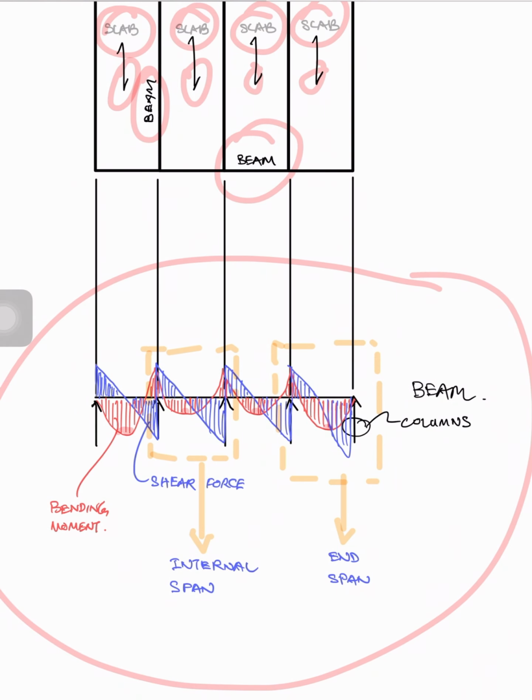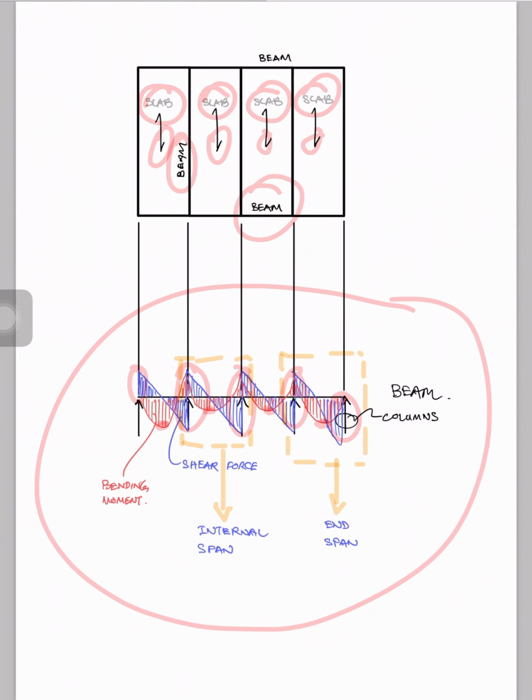Make note that the sagging moment for the end span, which is here and here, is larger than the sagging moment for the internal span, and shear force is largest for the internal spans as compared to the end span.